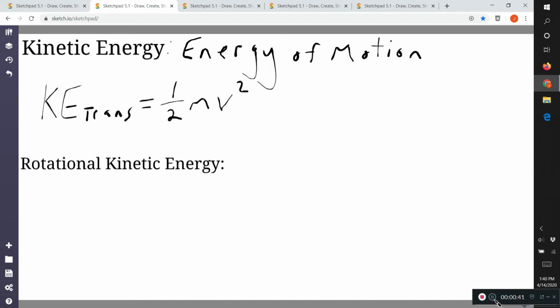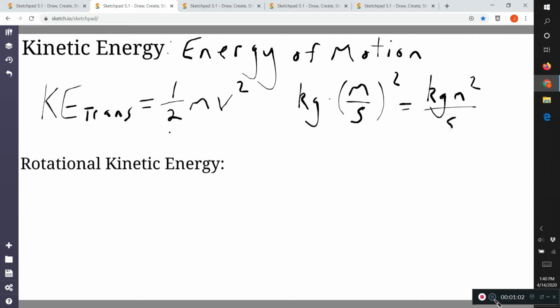The units there: 1/2 is a perfect number, so we're just using that 1/2. But the mass is measured in kilograms, and velocity is measured in meters per second typically, and we're squaring that. So we get a kilogram meter squared per second squared, which we call a joule.